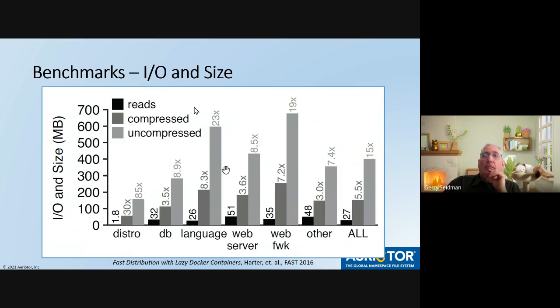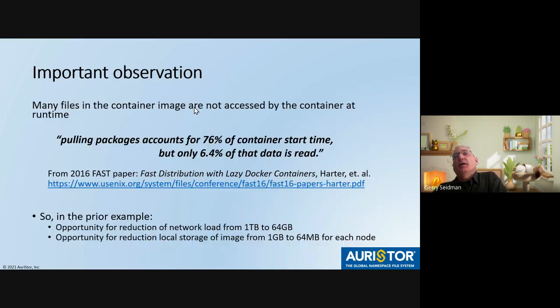I'm not going to dwell on this. This is from that paper, with some example slides. Let me go back. What was their research? It was fast distribution of lazy Docker containers, and they had this idea that if you could create an index into the tar.gz file, you could just cherry pick the blocks of the blob using HTTP GET range instead of just HTTP GET all from the container registry.